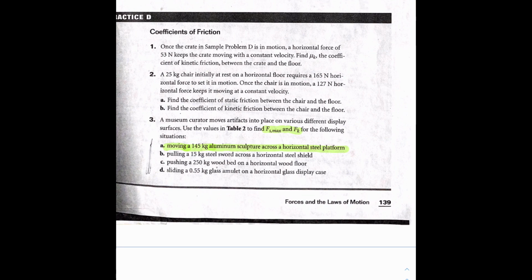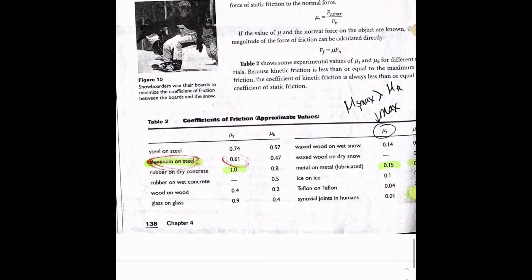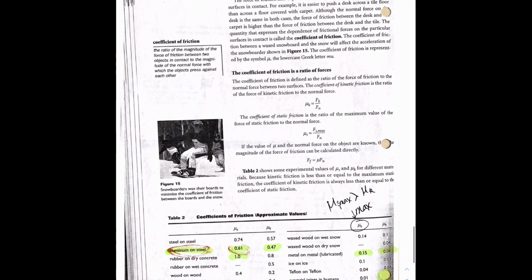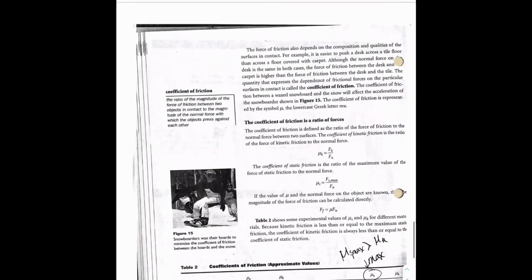I like to write a little more than they do when I describe the forces. But you can see that you're going to have to use mu static to get force friction static max, and you're going to have to use mu kinetic to get force friction kinetic. All right, hopefully that's making sense and that's clear. If not, do the reading, that small reading that I gave you right there.